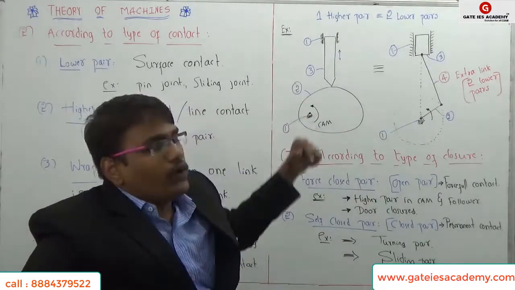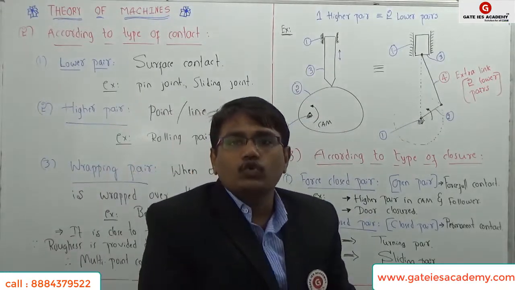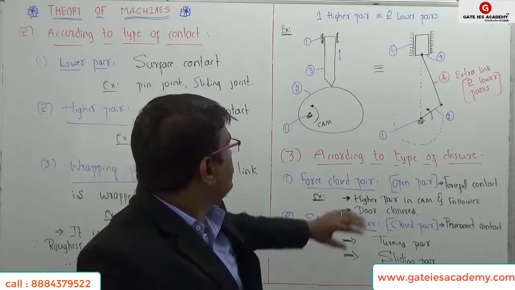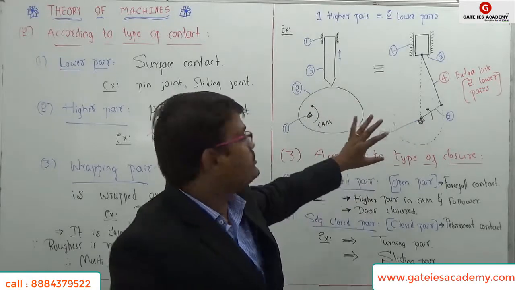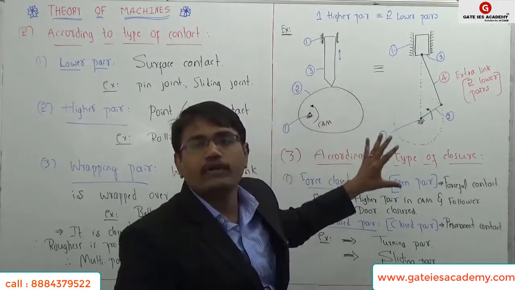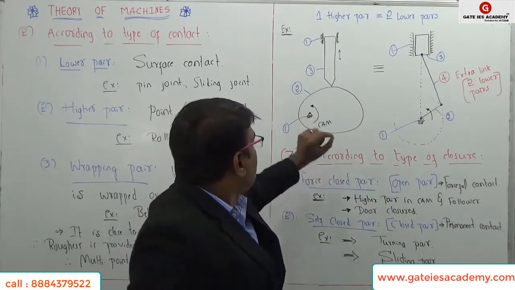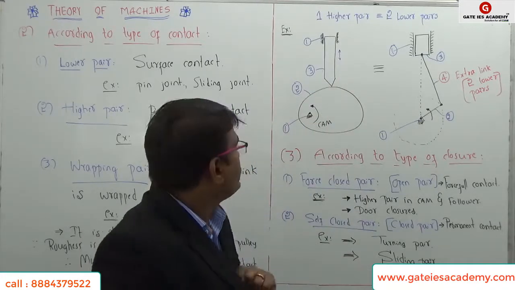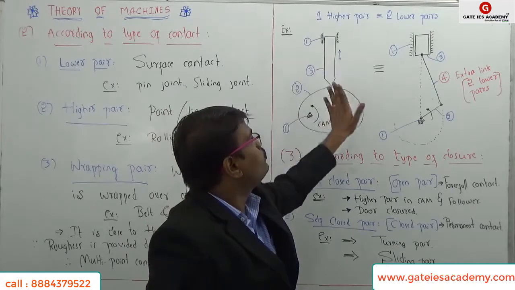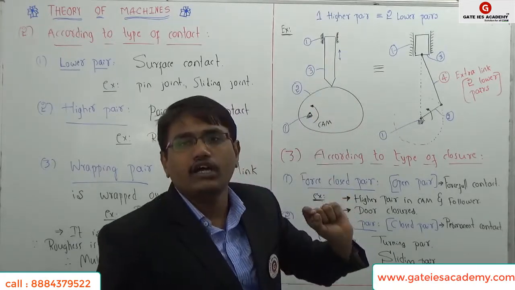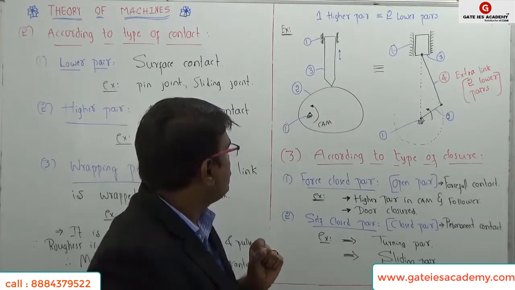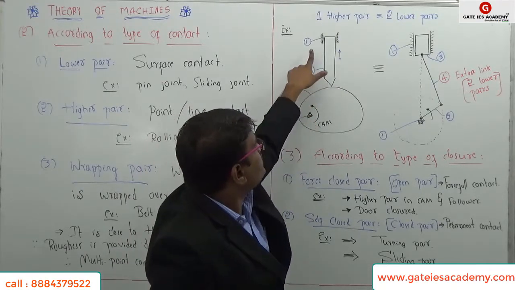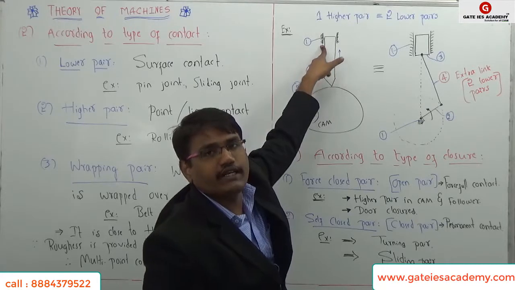Now further, one higher pair is equal to two lower pairs. Why? For example, let us take a cam and follower arrangement. Now tell me, how many links are there in this arrangement? There are only 3 links. You may see 4 links here, but there are only 3. One is a fixed link, and this is also a fixed link.